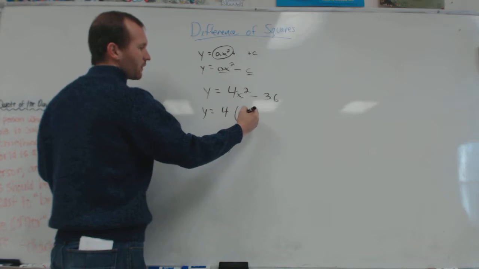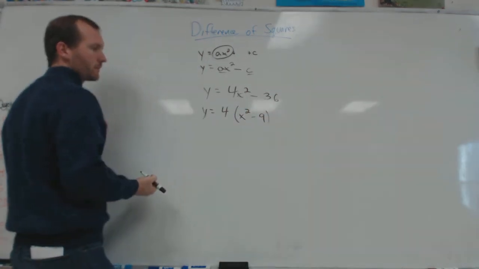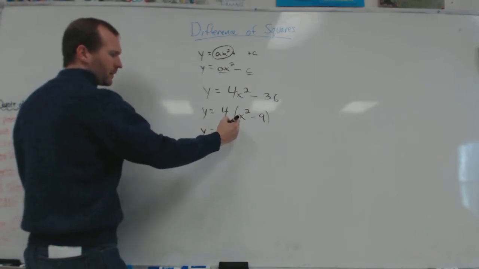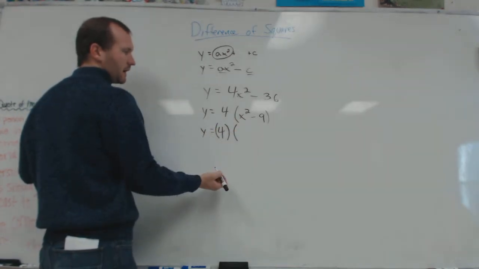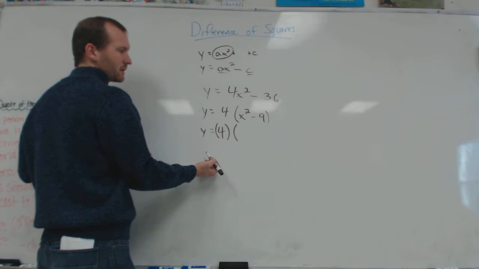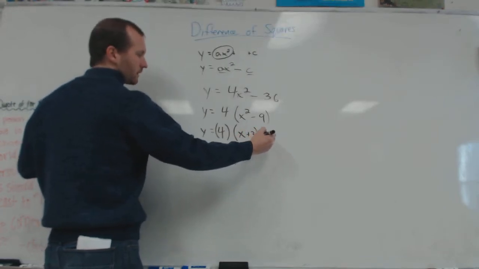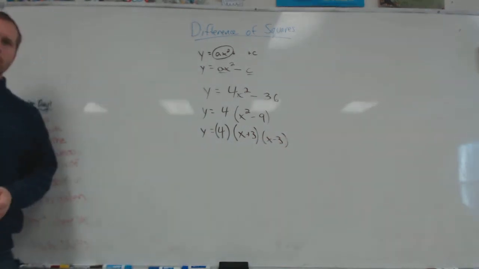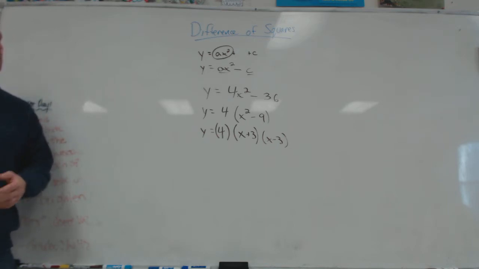So we'd have 4 times x squared minus 9, which would be 4, and I'm going to put this one in parentheses. You don't really need to do that. Times, what are the factors of this? X plus 3 and x minus 3. Right? Wouldn't you be able to do like 2x squared plus 3? Yeah, so you could also do that.